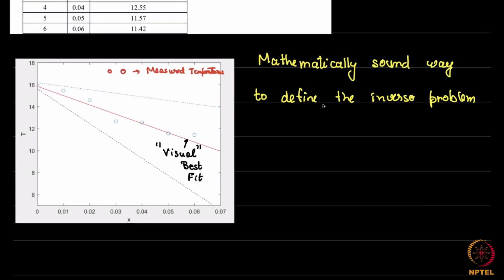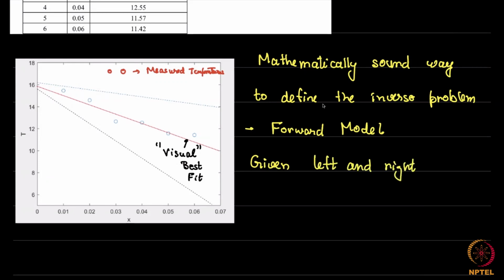Now, the forward model for this problem is going to look like this. Given left and right temperatures, find temperatures at the thermocouples.